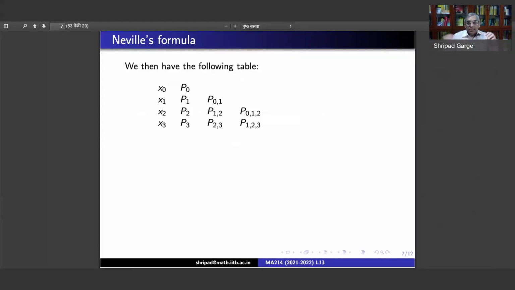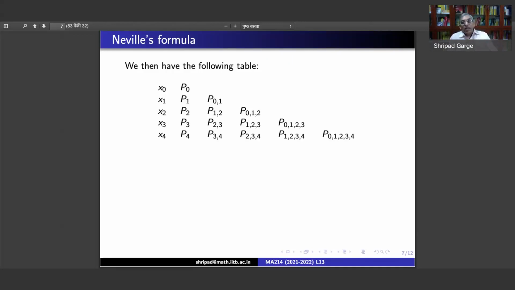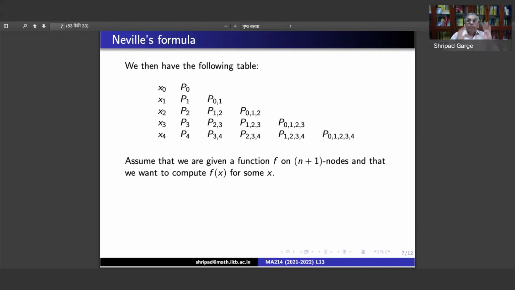If you have the next row x3, p3, which is the value of the function at x3, then p23 which is obtained from p2 and p3, and p123, you can compute p0123. So this way we will simply be able to compute these polynomials, and at each row we will be able to do this.